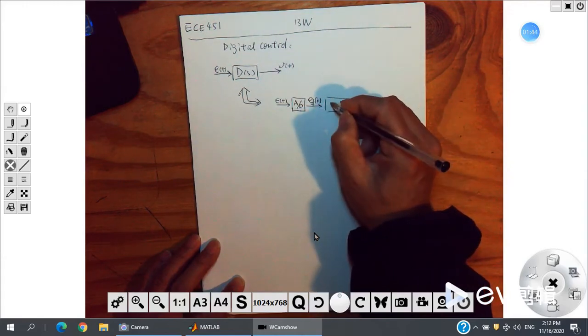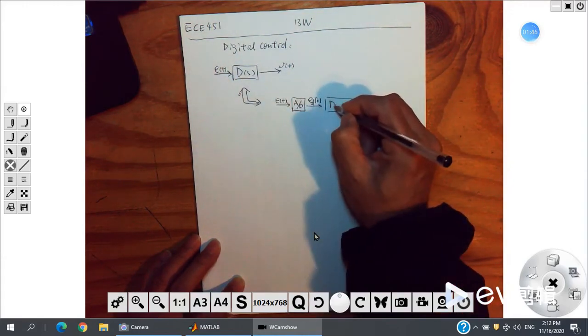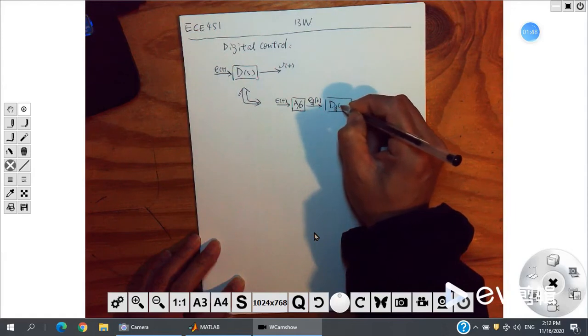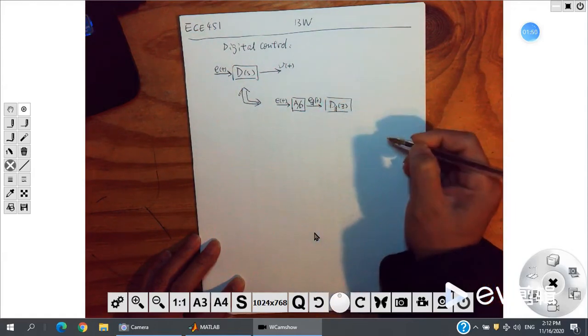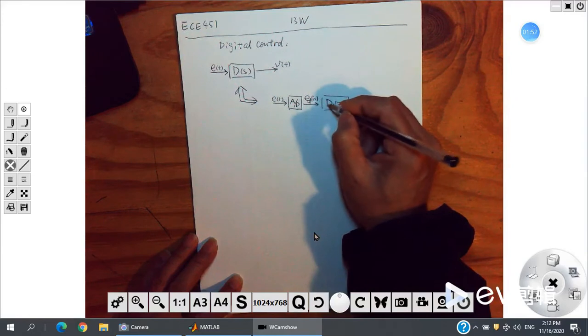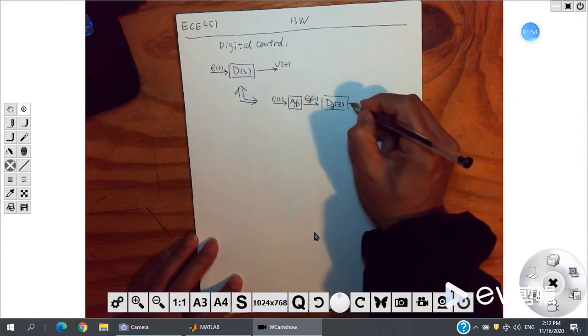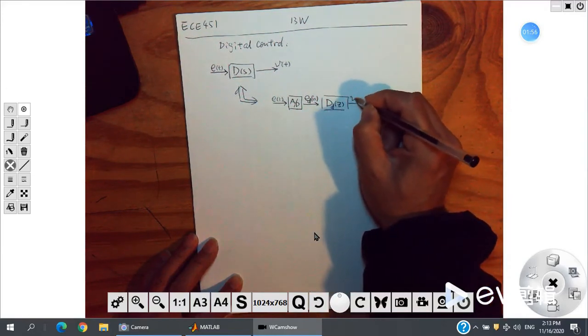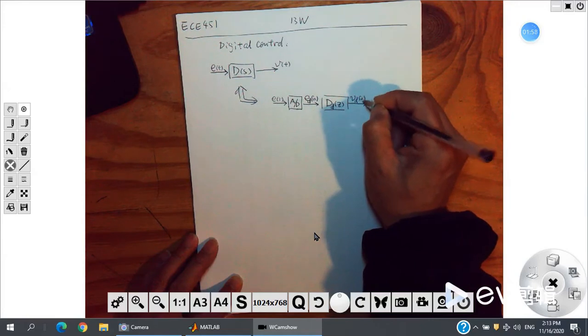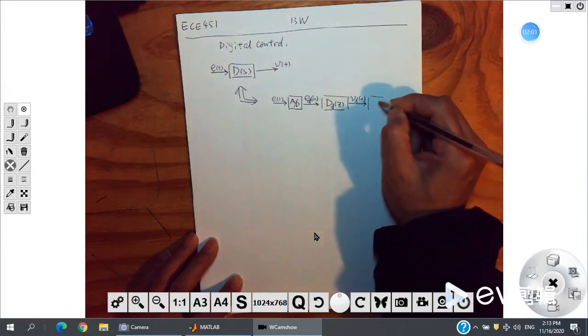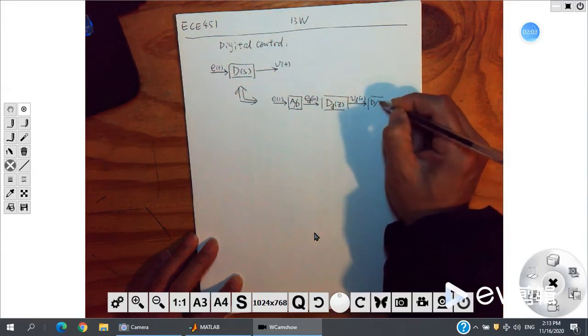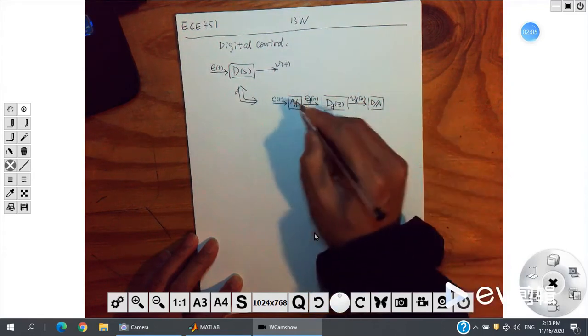I use the same D, but D of Z, using the Z transform to describe a discrete time system. Then the output will be some VD of N. Then we go back through the DA converter. This is AD, this is DA.